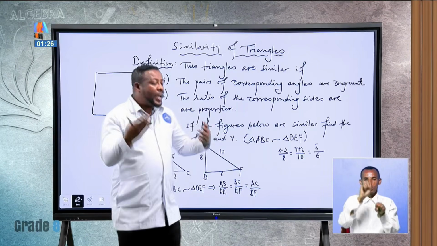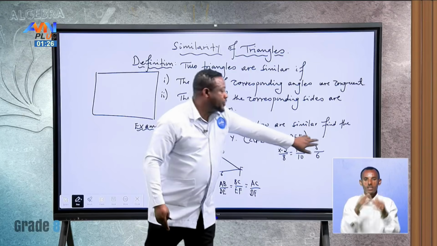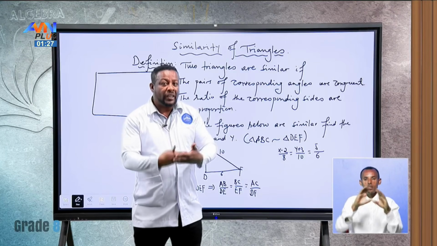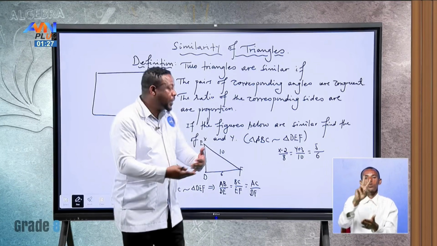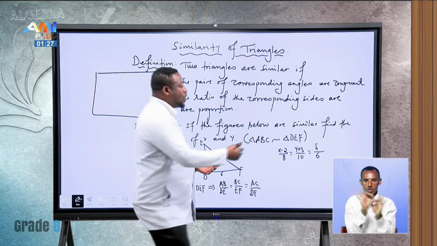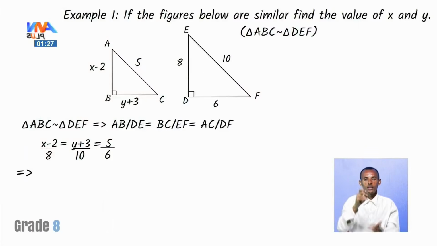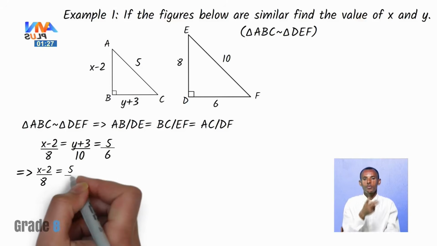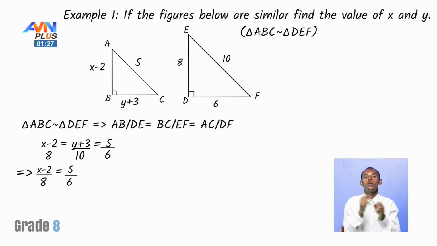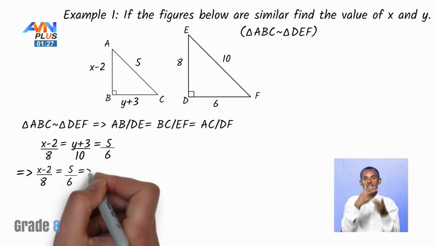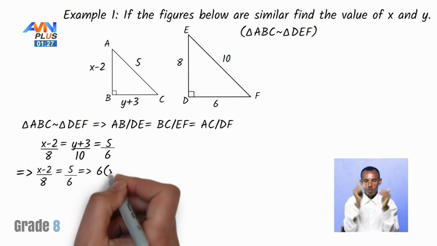So taking the first part and the third part, we can equate these two things and crisscross to find the value of x. So this implies (x - 2)/8 = 5/6. Now you can crisscross it. Whenever you do a crisscross, this implies 6 times (x - 2) = 8 times 5.